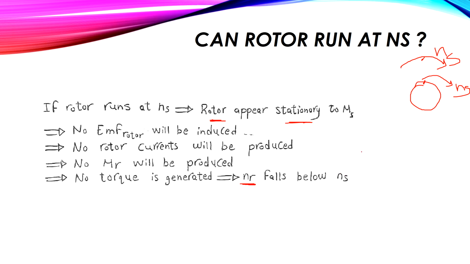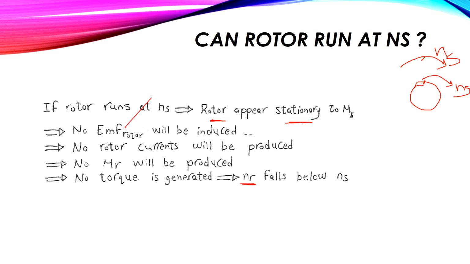So simply, if the rotor reached the speed of ns, which of course it will not, both of them would appear stationary to each other, as if they were both on a stator. So no voltage will be induced. Why?